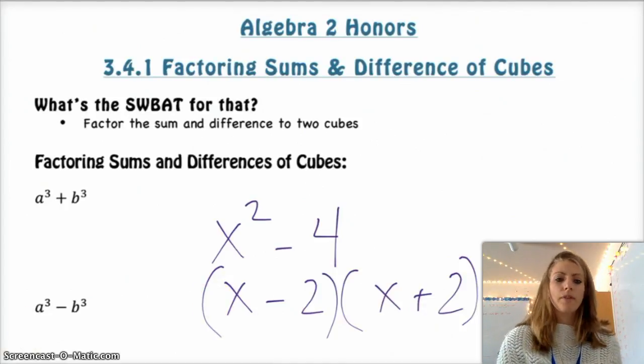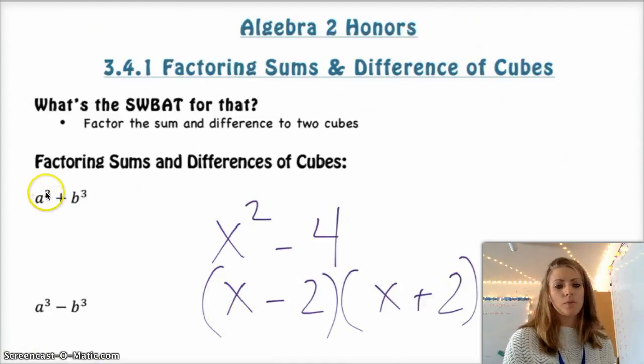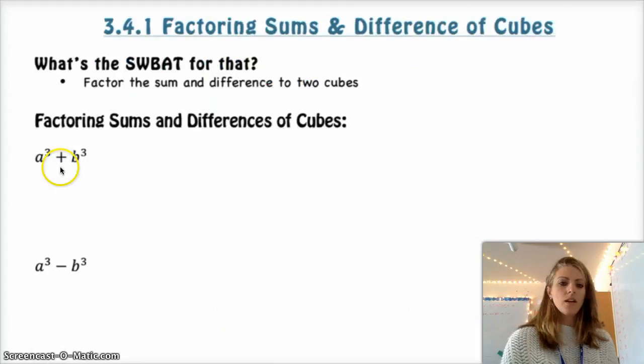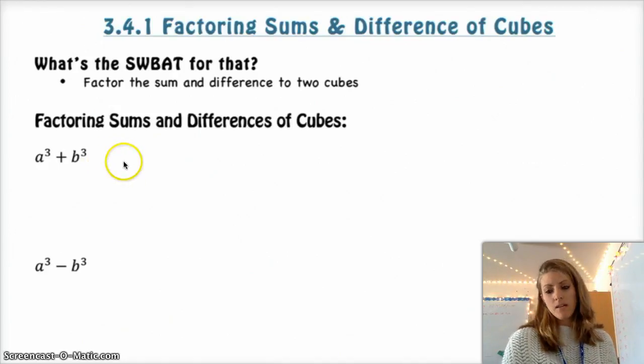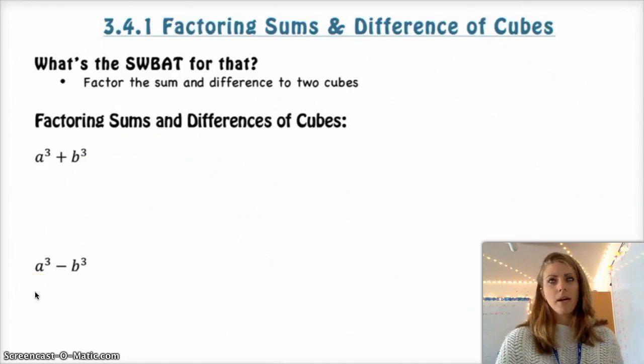So if you have a sum of cubes, so something cubed plus something else cubed, or something cubed minus something else cubed. Okay, so if you have a sum of two cubes, a cubed plus b cubed, that just factors to a plus b times a squared minus ab plus b squared. And so it looks like that.